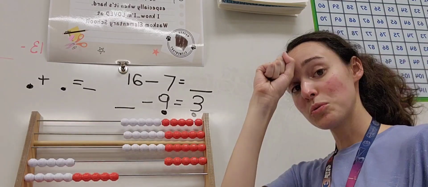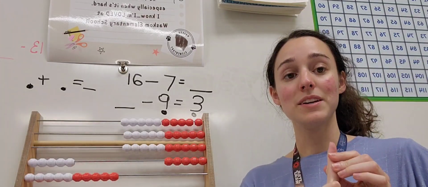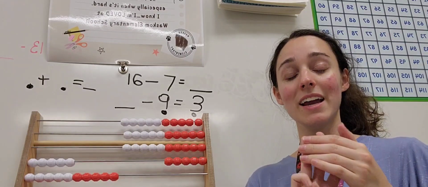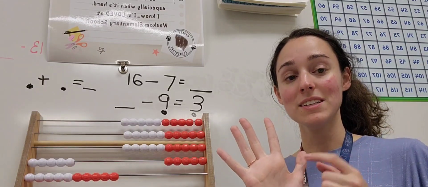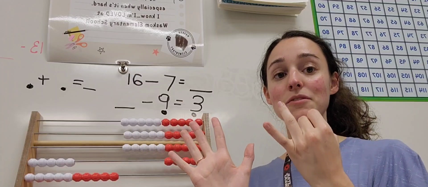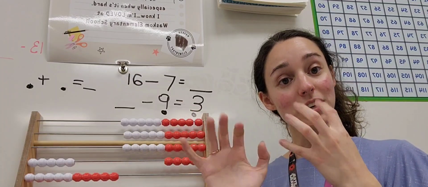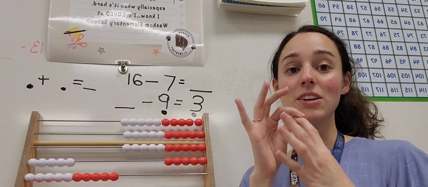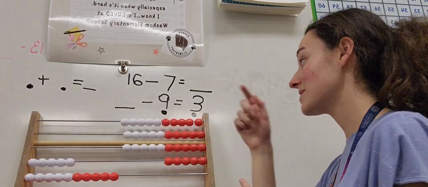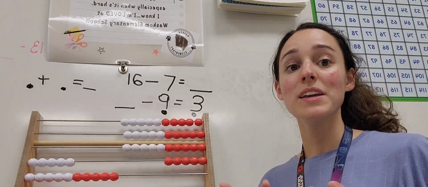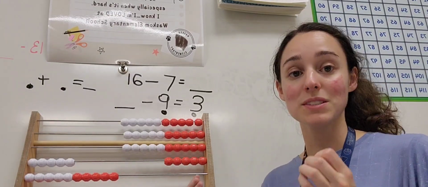So you'd go 12, 11, 10, 9, 8, 7, 6, 5, 4, 3. So now I took away 9 fingers and I ended on my difference, which was 3. So that's a way you can also use this to count down.